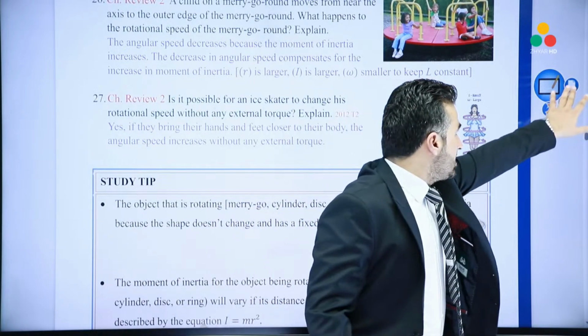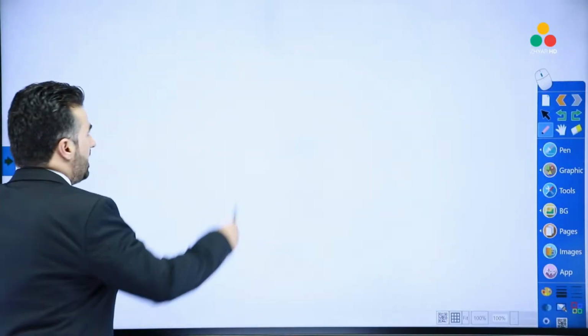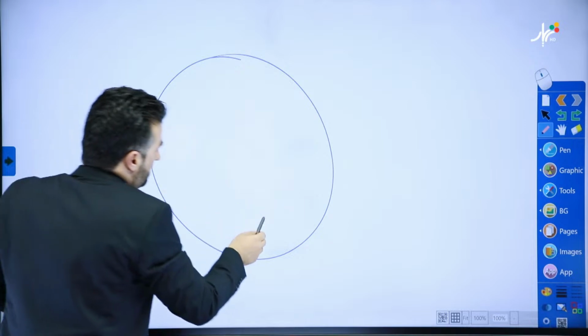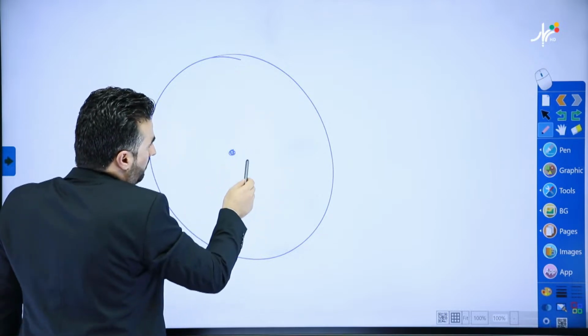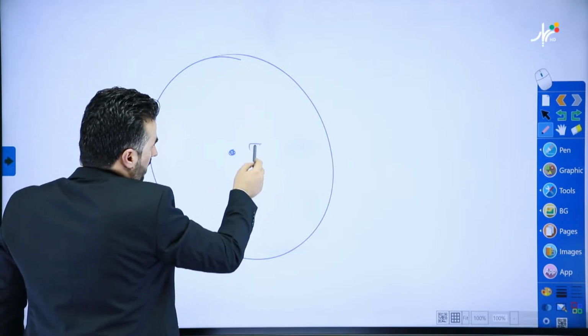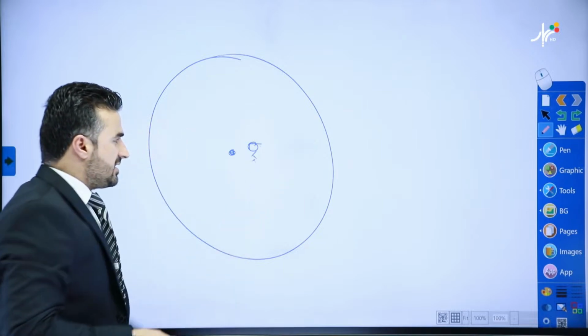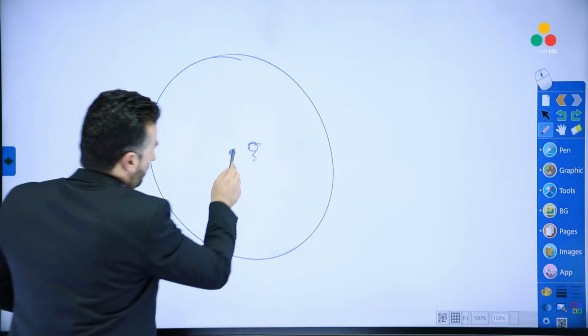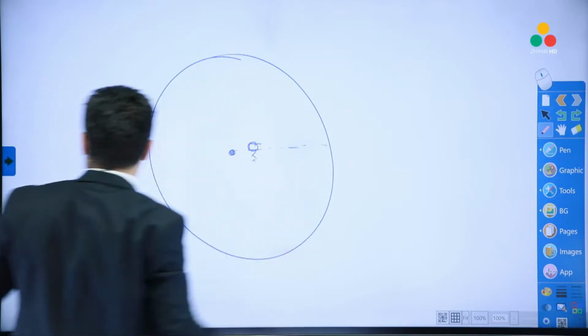All right, so once again, we have a child. So here's the merry-go-round, and here's the child, very close to the axis of rotation. So what happens when the child goes further?